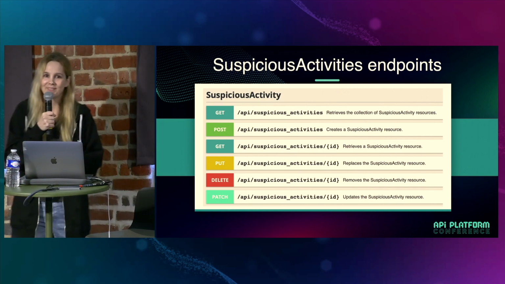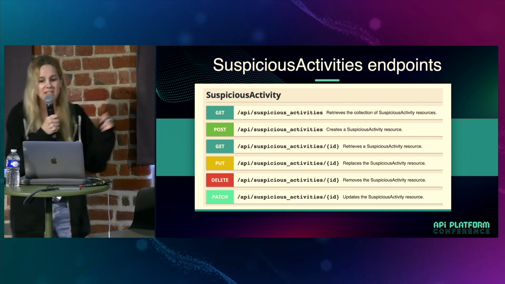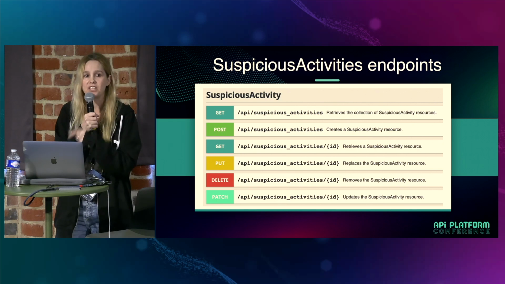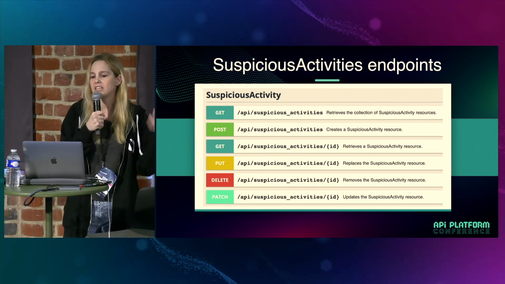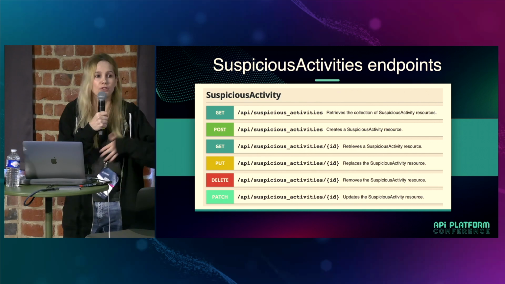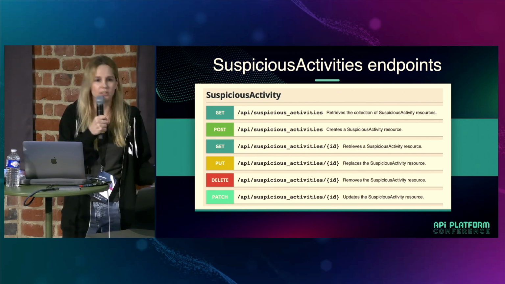In our case, when a suspicious activity occurs, the gaming service will call an API endpoint related to the suspicious activity resource. This resource will include information like the date, alert label, game ID, user ID, and other information.